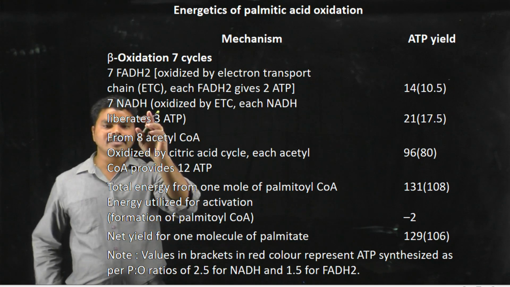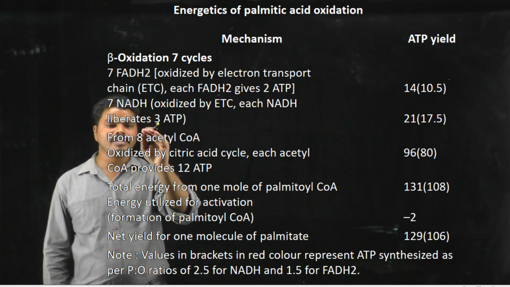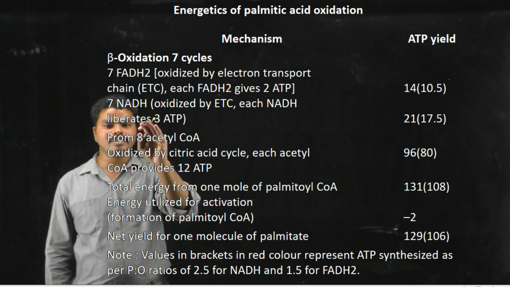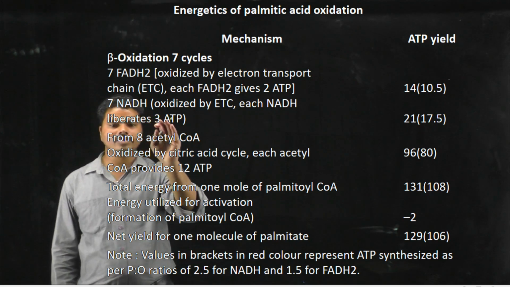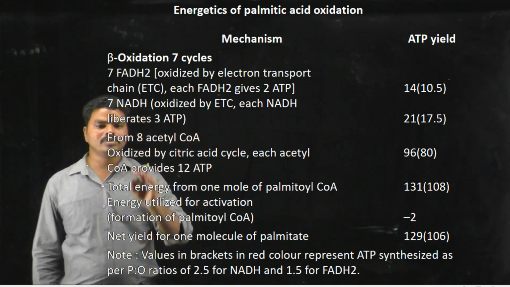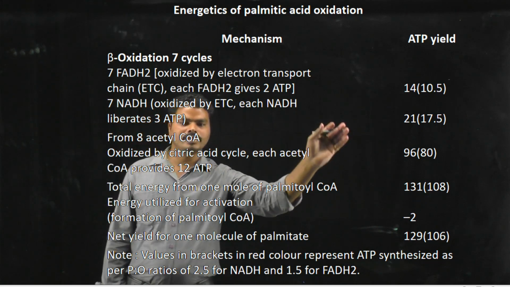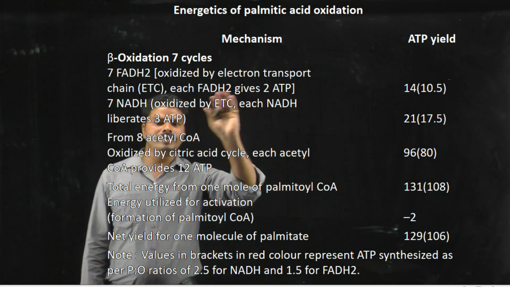For each cycle 1 NADH is released, so a total of 7 NADHs are released, and each NADH can produce 3 ATPs when it enters the electron transport chain. So 7 multiplied by 3, we get 21 ATPs.